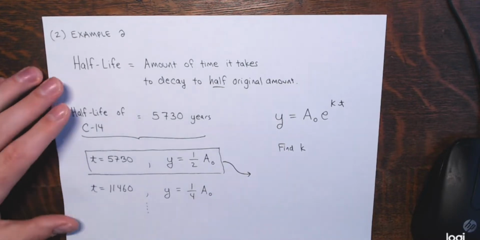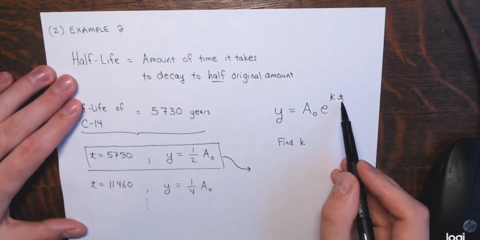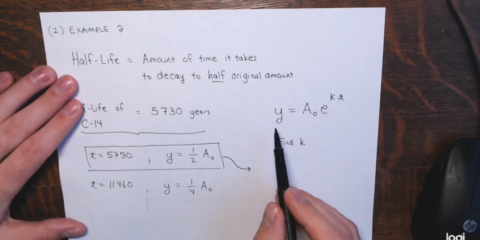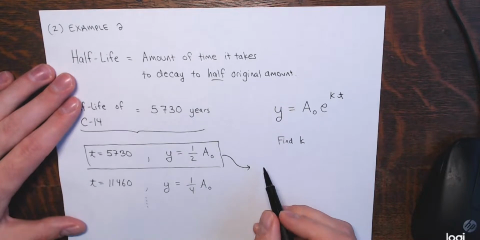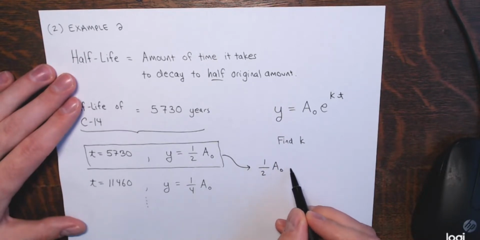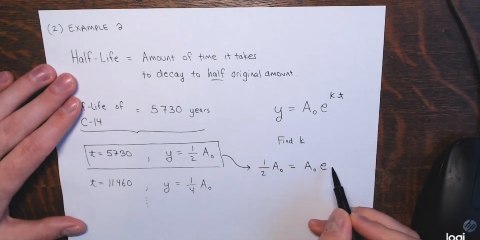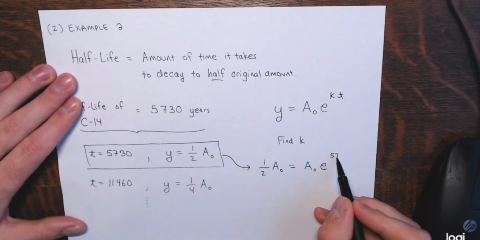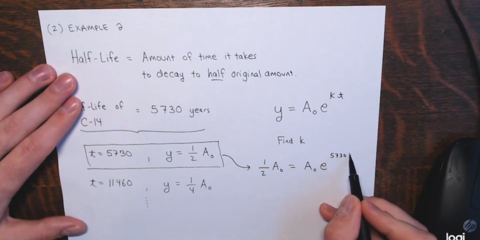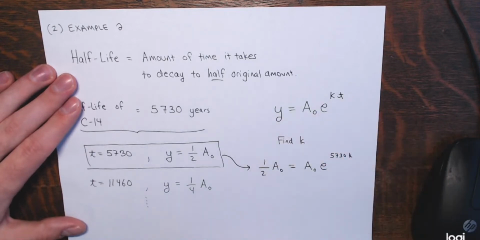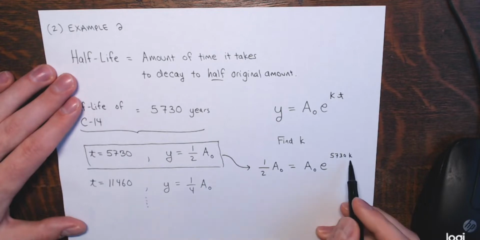So I'm going to replace T with 5,730 and replace Y with half of A0. So I have half of A0 on the left equals A sub 0 on the right times e to the 5,730 K. And then we solve for K. So first I would divide by A0.